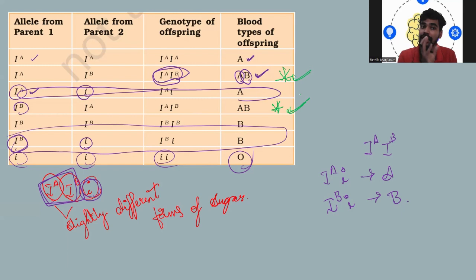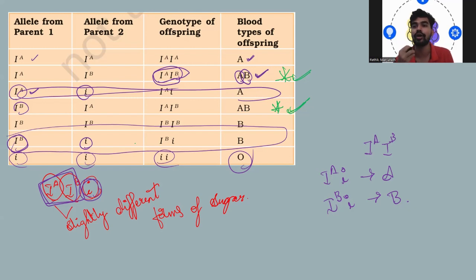That is, the allele from parent one was IA and from parent two was IB, or vice versa. As a result, the blood type of the offspring is AB. That means both characters of the parents have been expressed. So this is what we call codominance.